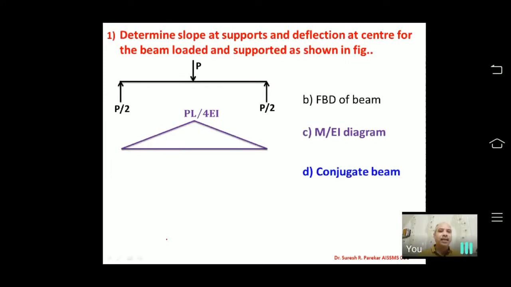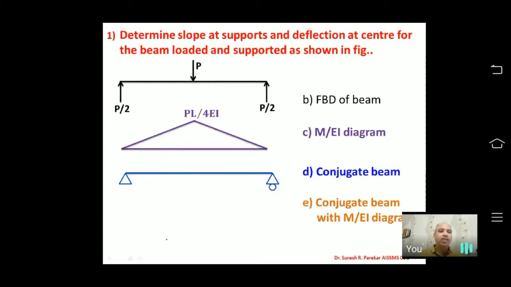Now once I know this, for the conjugate beam, both ends are simple and roller, so it remains simple and roller only. There is no change in the conjugate beam. Next we have to draw the conjugate beam with the M by EI diagram. So I have plotted it. Now see where I have compression.